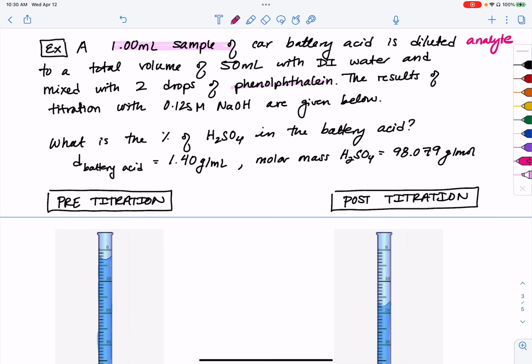This is something that I am putting in the flask, something that I want to determine the concentration or aqueous composition of from my stoichiometric analysis of the reaction via titration.